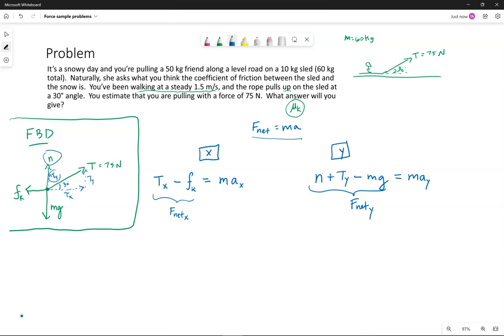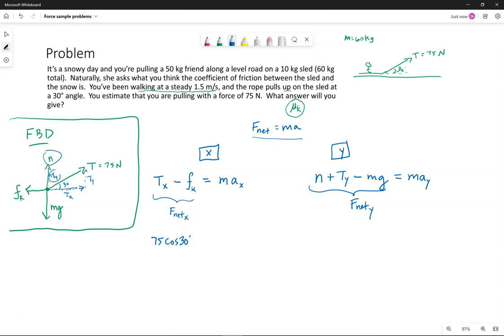All right, let's start plugging in a couple things we know. So for example, we know tension and the angle. So T sub x on this left side, we could write as 75 newtons times the cosine of 30. This x component is adjacent to 30 degrees.